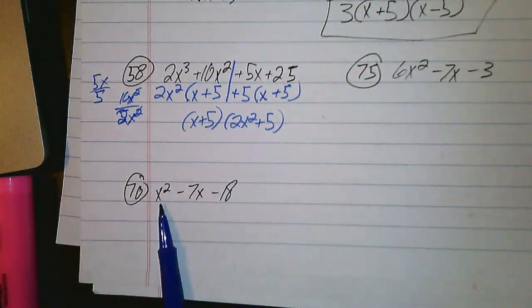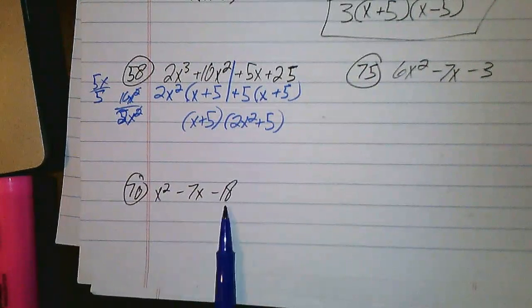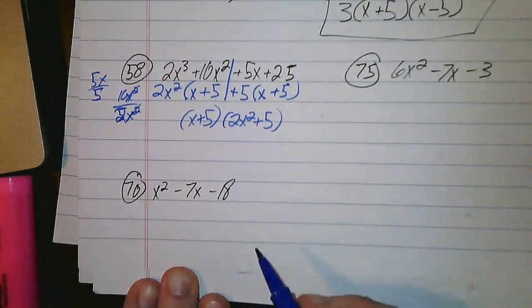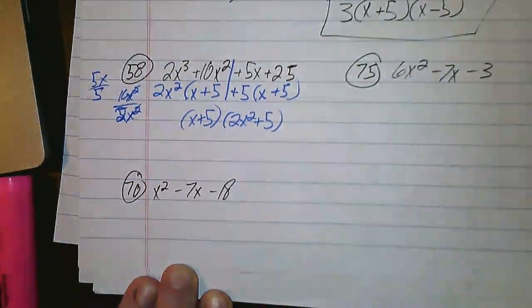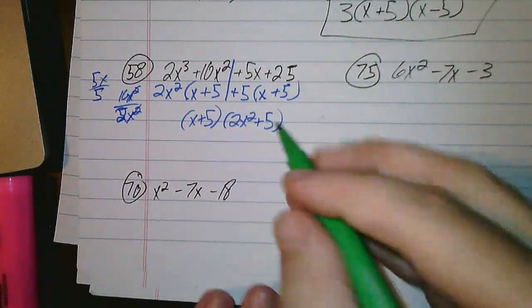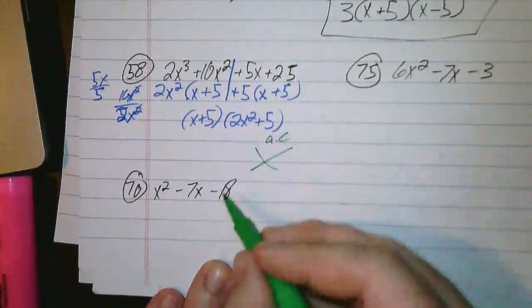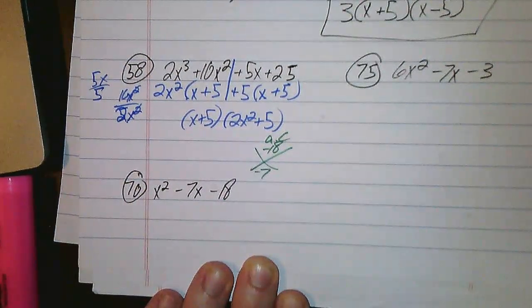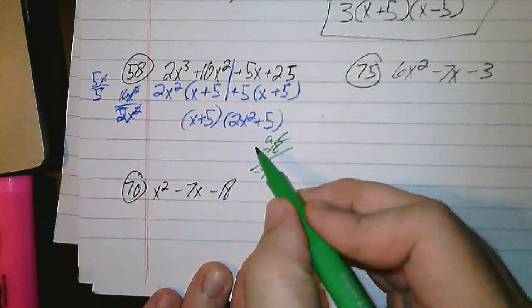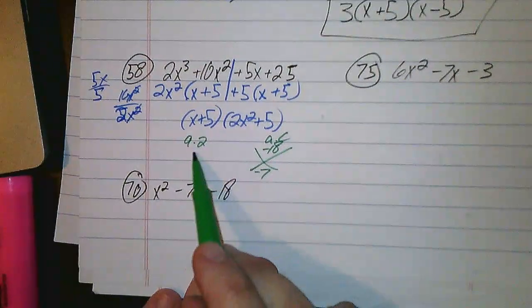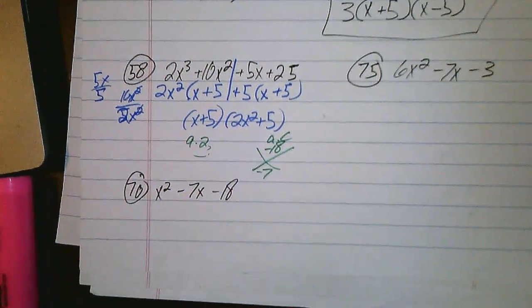So number 70 is a straightforward trinomial where a is just 1, where it's just x squared. But if we use our A times C, factors of negative 18 that combine into negative 7, we know that those factors are 9 and 2. 9 times 2 multiplies into 18 and has a difference of negative 7.